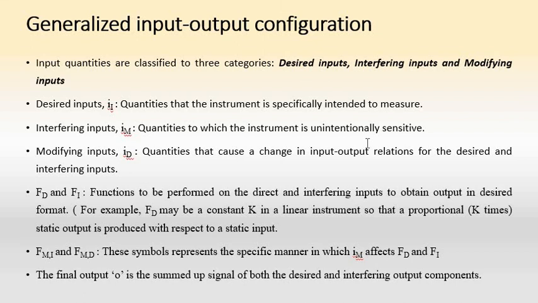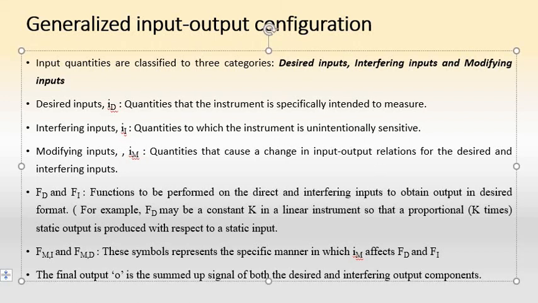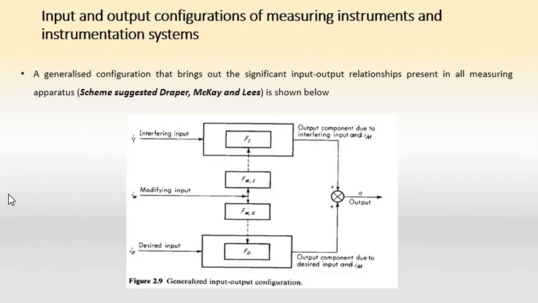Now the next one is modifying input, represented by IM here. Interfering input is represented by II, desired input by ID. Modifying inputs are the quantities that cause a change in the input-output relations for the desired and interfering inputs.